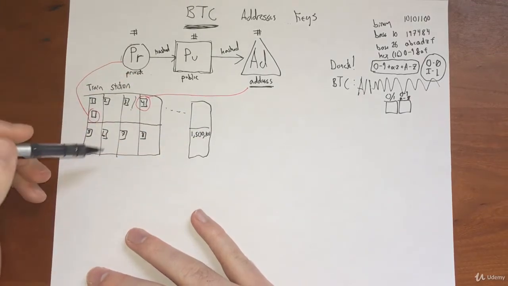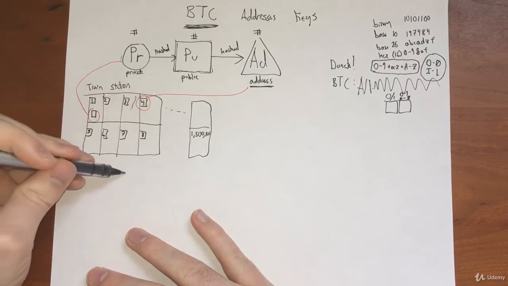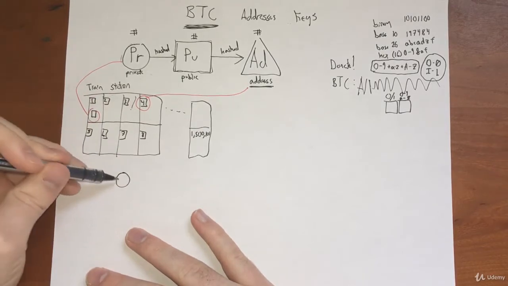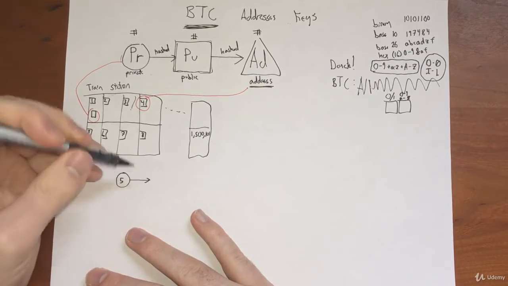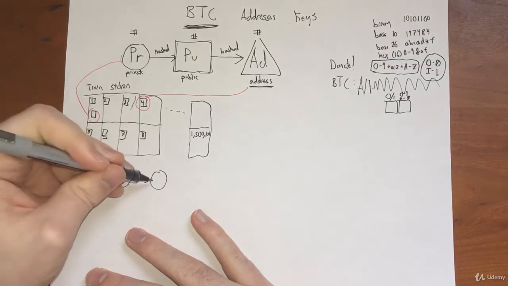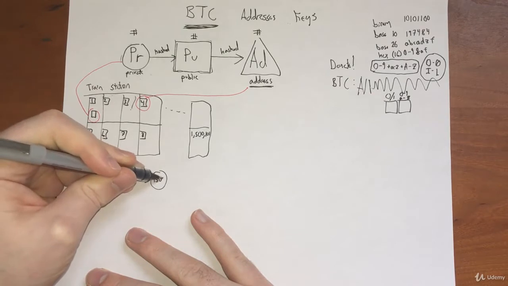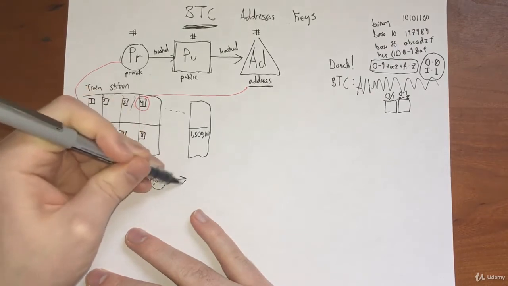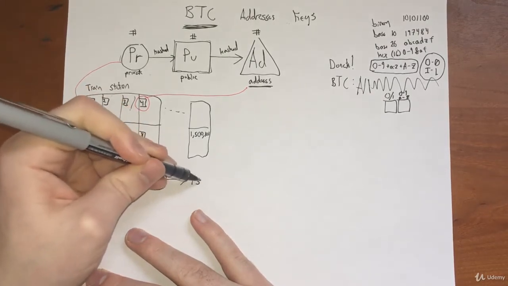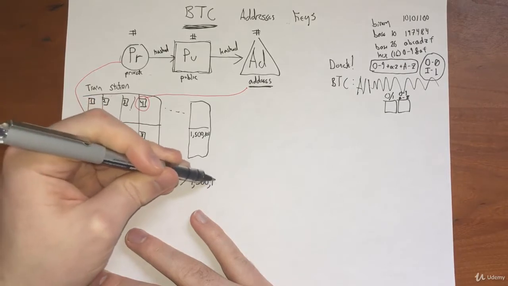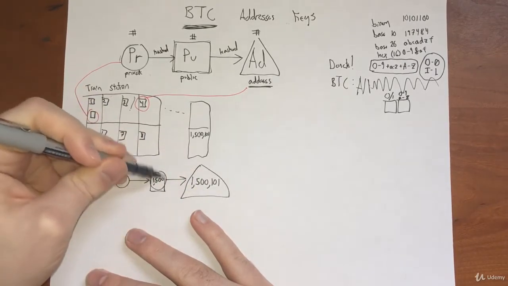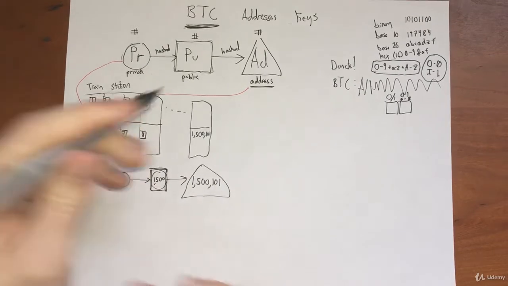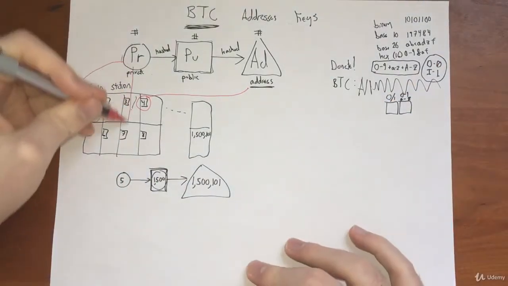Okay, so you take a private key like 5 and you hash it and you get some other number like 1,500, and then you hash it again and you get 1,500,101. So I want you to see the parallel.